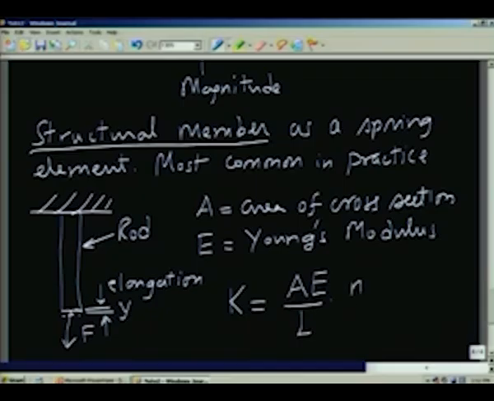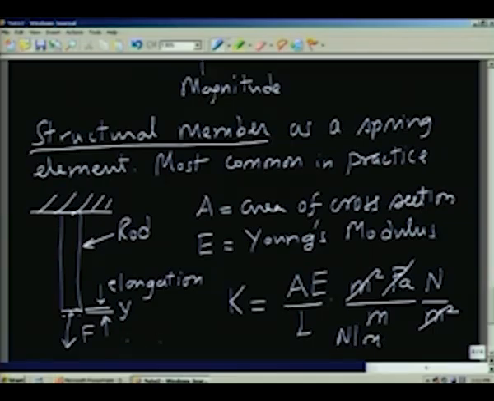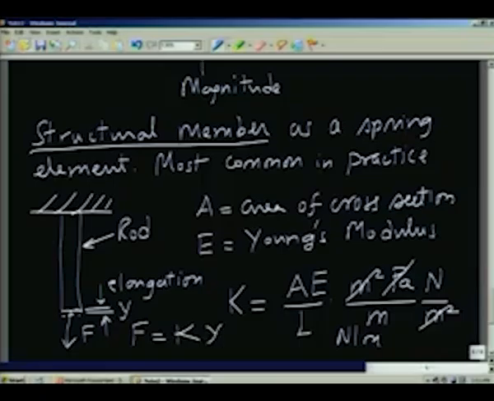A is in meter squared, Young's modulus is in Pascal, which is Newtons per square meter. This meter square will cancel, so Newtons per meter. So F equal to K times Y. K is in Newtons per meter, so it is a spring constant.